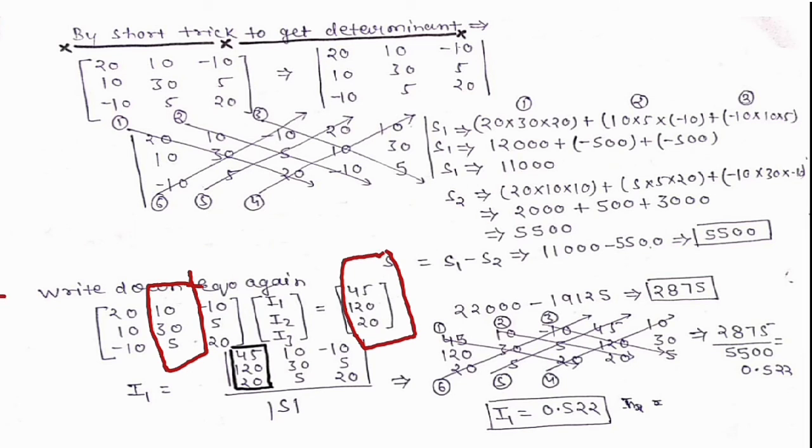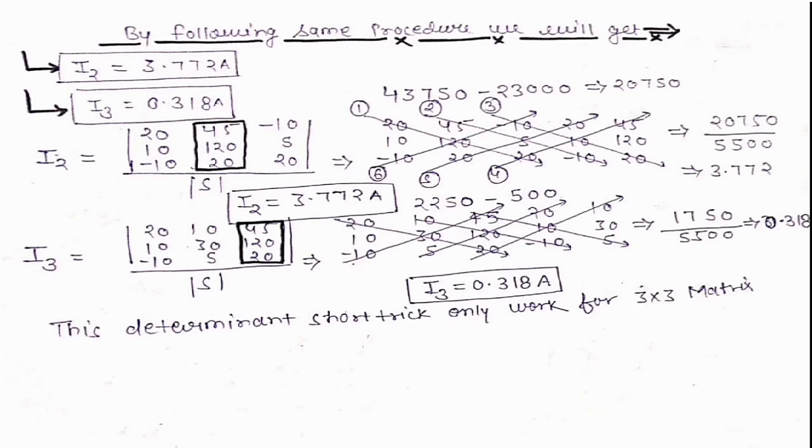Here we will see 20, 10, minus 10, 45, 120, 20, because we want to get the value of I2 actually. So minus 10, 5, 20. Then again write it down, 20, 10, minus 10, 45, 120, 20, minus 10, 5, 20. Again write down the first column and second column, and we will get this.